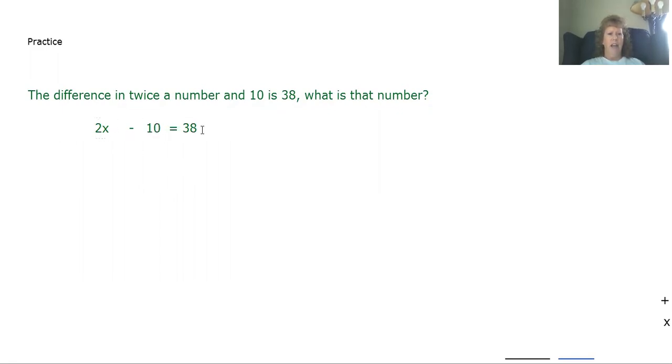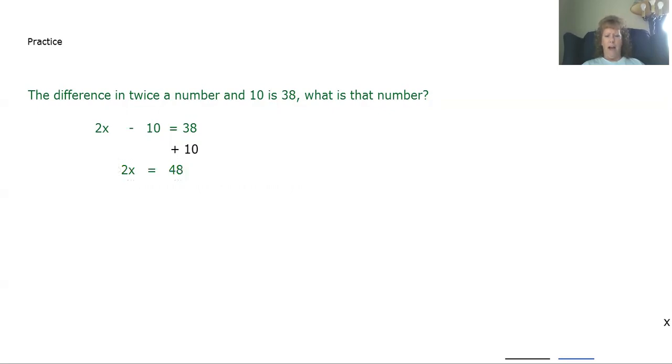Okay, so there's nothing that I can do before I start doing the opposite operations. So if you didn't get the equation written out before, write it out now and pause the video and see if you can solve the equation. So instead of subtracting 10, if I add 10 to both sides, I'll have 2x is equal to 48.